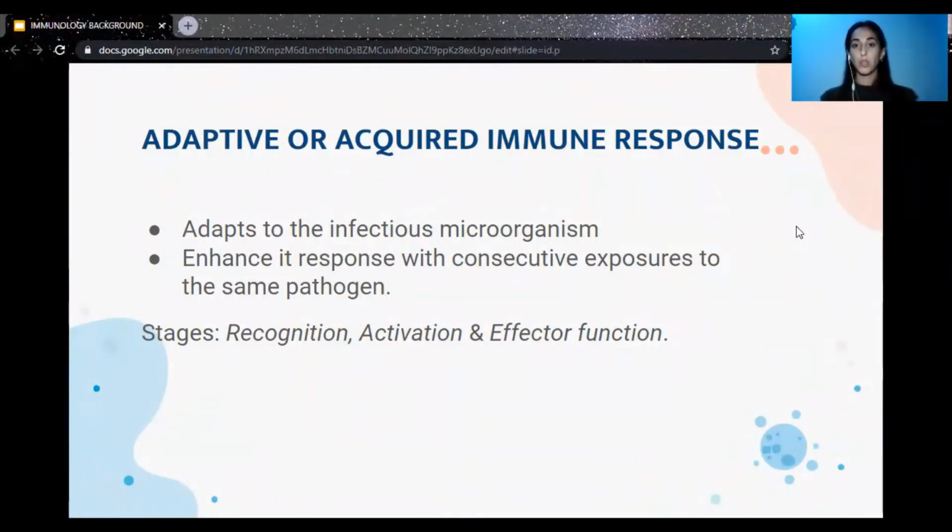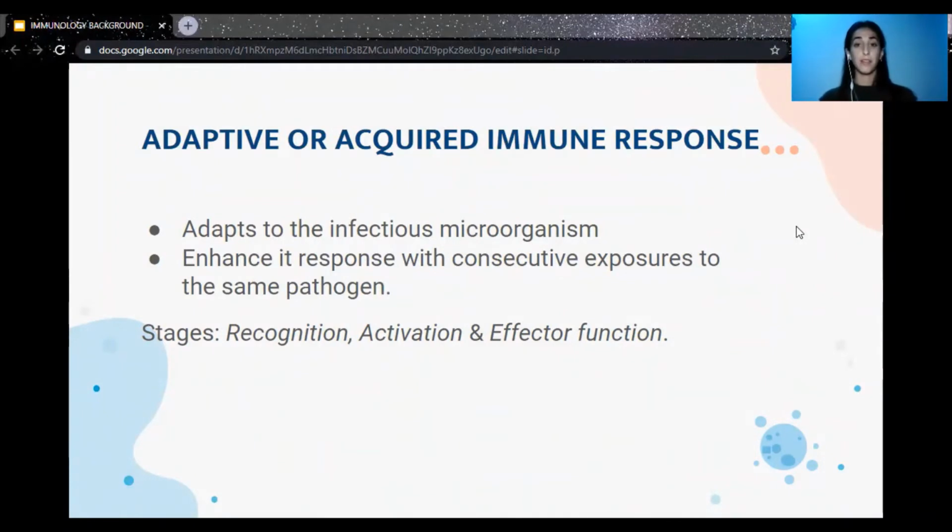This type of response is going to be activated when the mechanisms of the innate response have failed. This response, as its name says, adapts to the infectious microorganism, has the ability of enhancing the response with consecutive exposures to the pathogen. It can distinguish between similar related microorganisms, and it generates memory, which is really, really important.